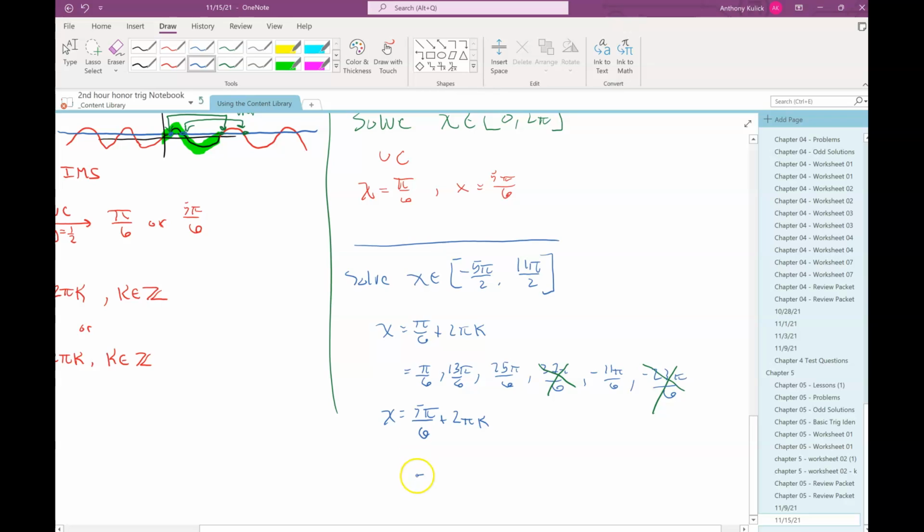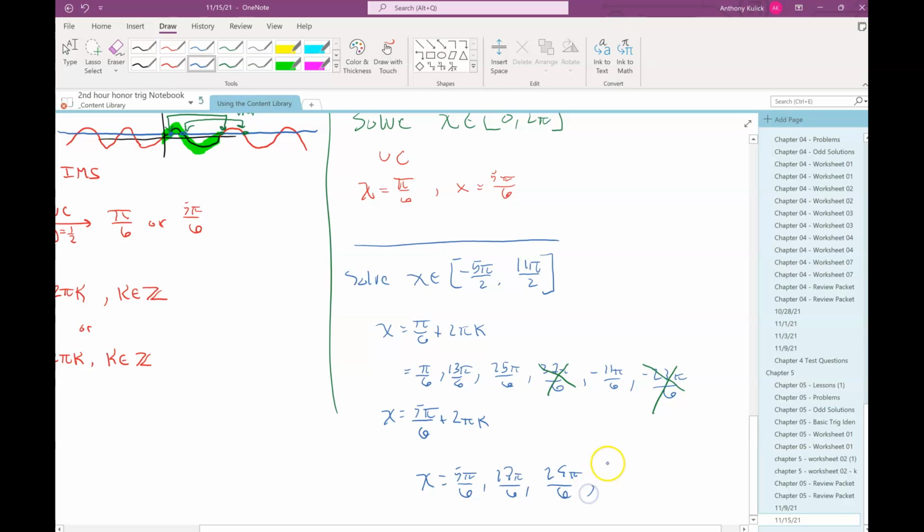We'll do the same thing now for 5 pi over 6. So 5 pi over 6, add 2 pi. That's good, a little less than 3 pi. That's still fine. I add 2 pi again. That is still less than 5 pi. So that's good.